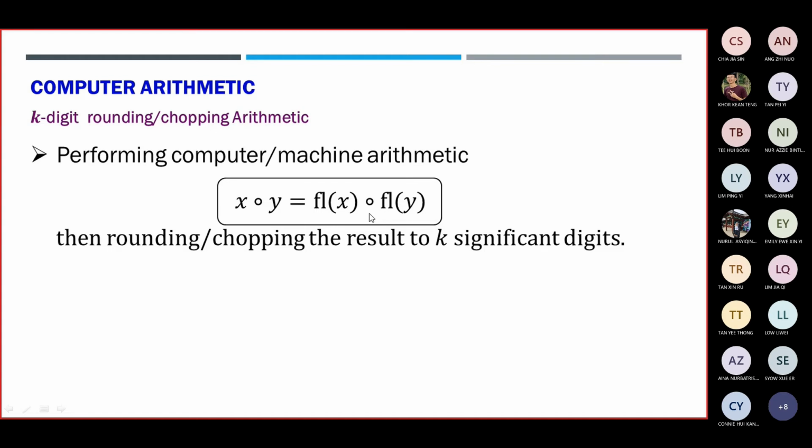Usually when you do maths, you keep many significant figures or decimal places, and at the end you round the number to the nearest 10 or nearest 100, something like that. That's a general human practice. But when you come to computer arithmetic, you should not do that.